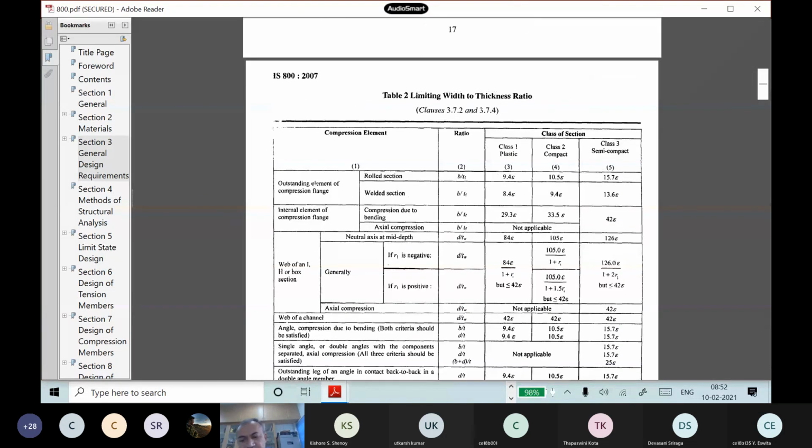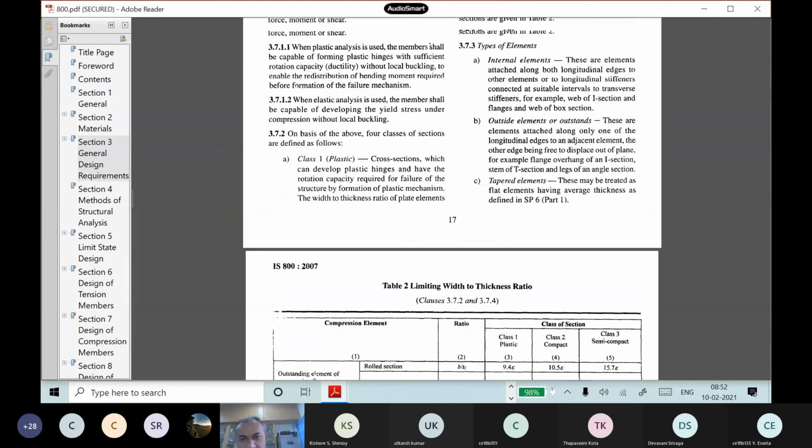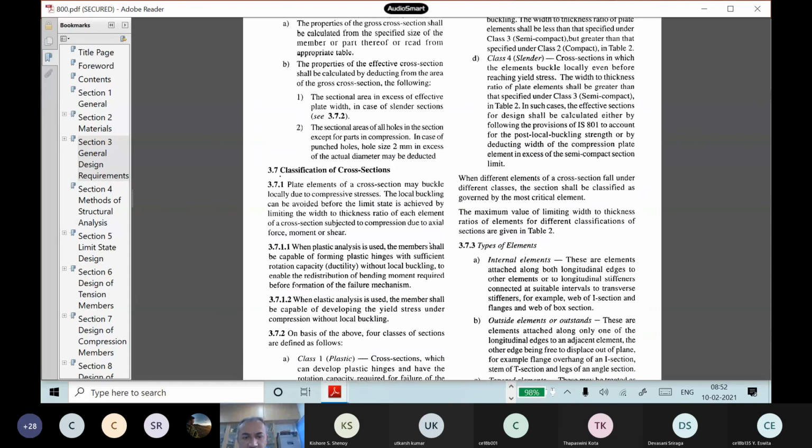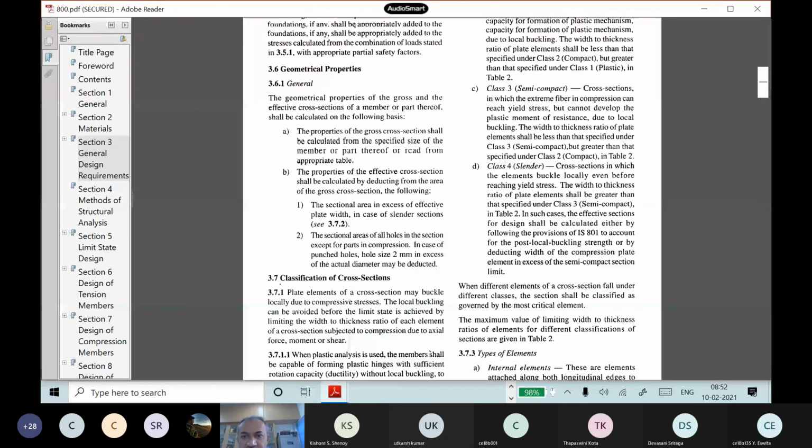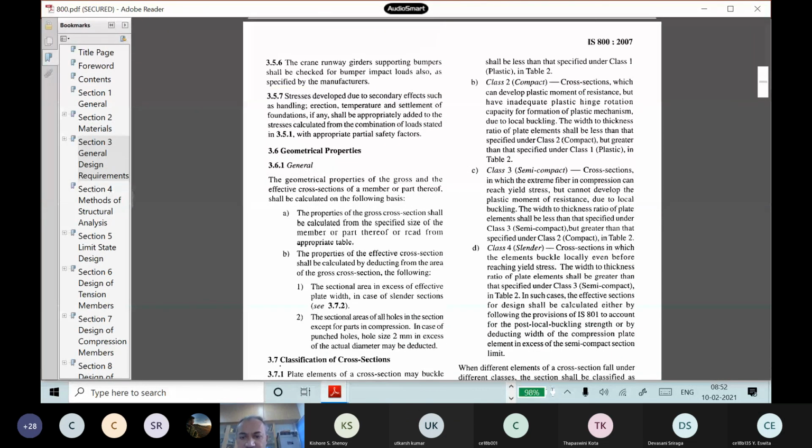See, another thing I just wanted to mention, whatever slides I'm presenting, all are picked up from code only, because that is our Bible, okay? Here you see, plastic definition 3.7.2. Class 1 plastic, class 2 compact, semi-compact. So we have copied from here only, okay?